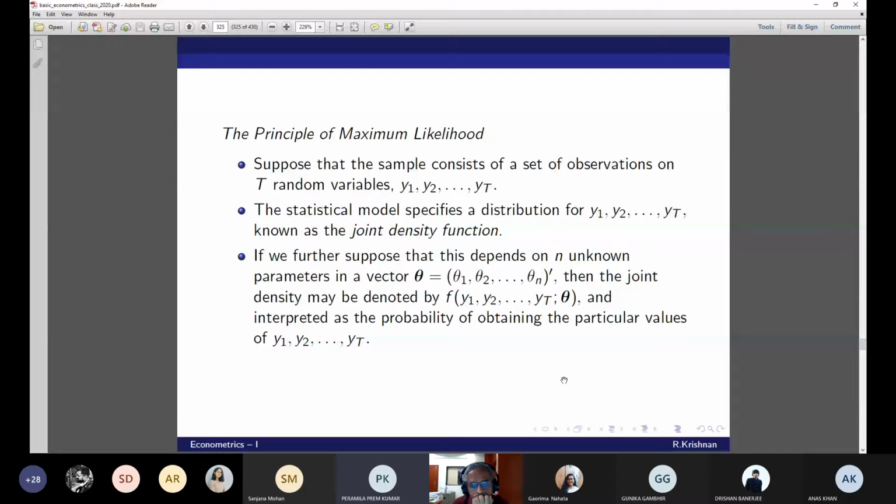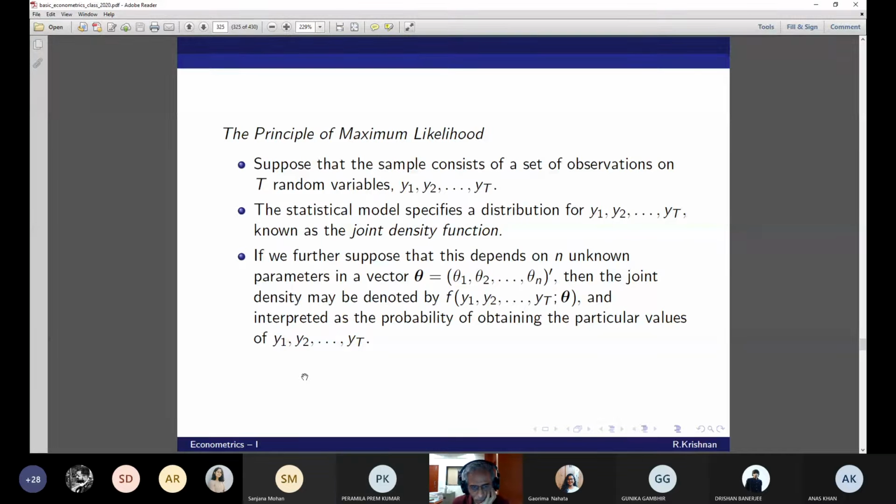For which particular theta is the probability of obtaining these y1, y2, yT maximized? Interpreted as the probability of obtaining the particular values y1, y2, y capital T, how would you go about it?